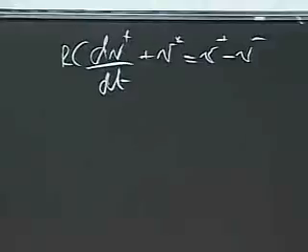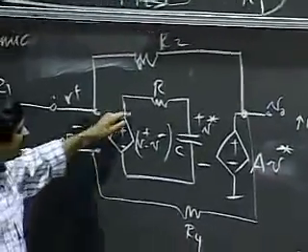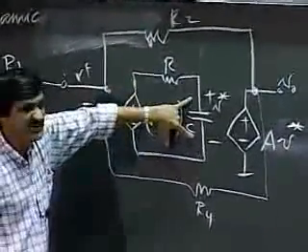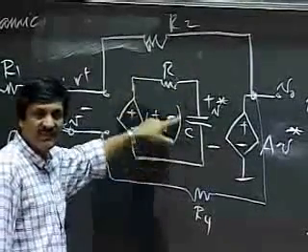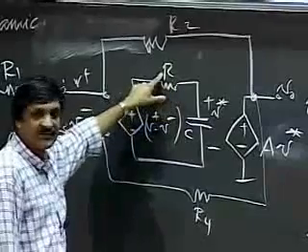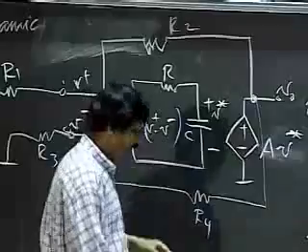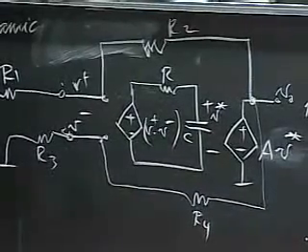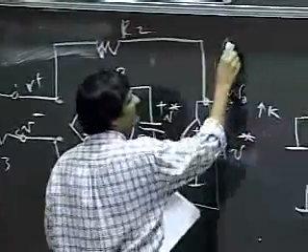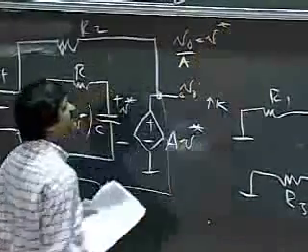Okay, so RC dV star by dt plus V star is V plus minus V minus. You've done this millions of times before, but yet again, this voltage here is equal to the drop across these two. And the drop across these two is V star, the drop across C, plus the current through the capacitor, C dV dt, times the resistance R. Or you can apply the node method as well and get the same expression. Now we also know that V naught divided by A is V star.